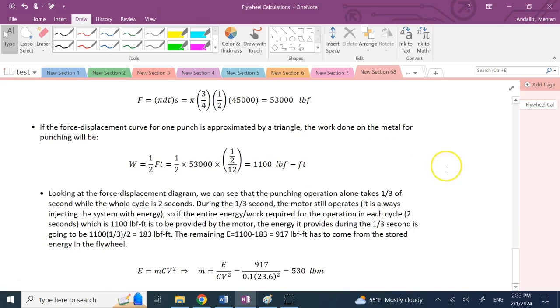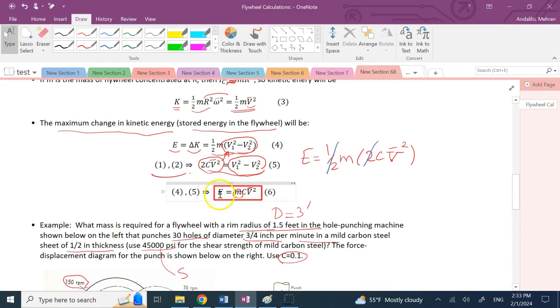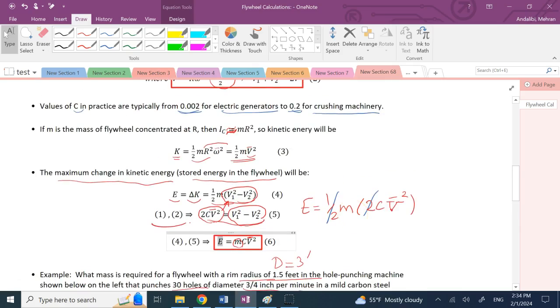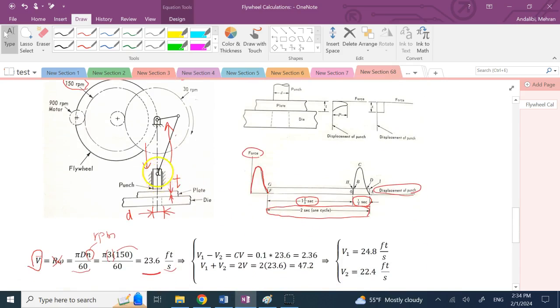And now we need to calculate the required energy stored. We need to calculate the left-hand side of equation 6. How do we calculate that? This E is the change in kinetic energy, and it's also equal to what? Why does kinetic energy change in the first place? As we talked, this punch will hit the sheet metal and so it slows down, and then later it picks up the speed through the flywheel.